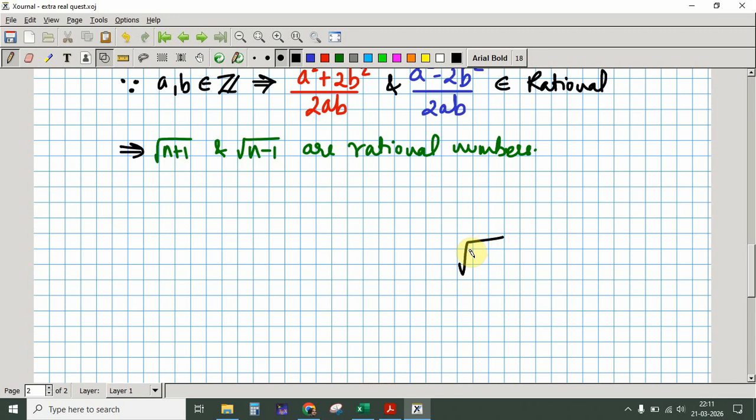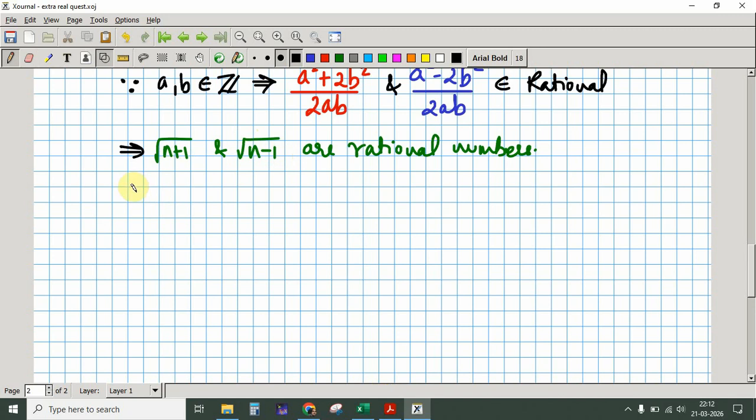But if I write composite numbers which are not perfect squares, like 6, like 8, like 12, they are also irrational numbers. So which numbers under the square root are not irrational? Like 1, square root of 1 is 1, square root of 4 is 2. Such numbers, square root of 9, square root of 16, square root of 25. If we write perfect square numbers under the square root, then they become rational numbers, right? So here this is a rational number. What does this mean? Whatever number is written under the square root is a perfect square number.